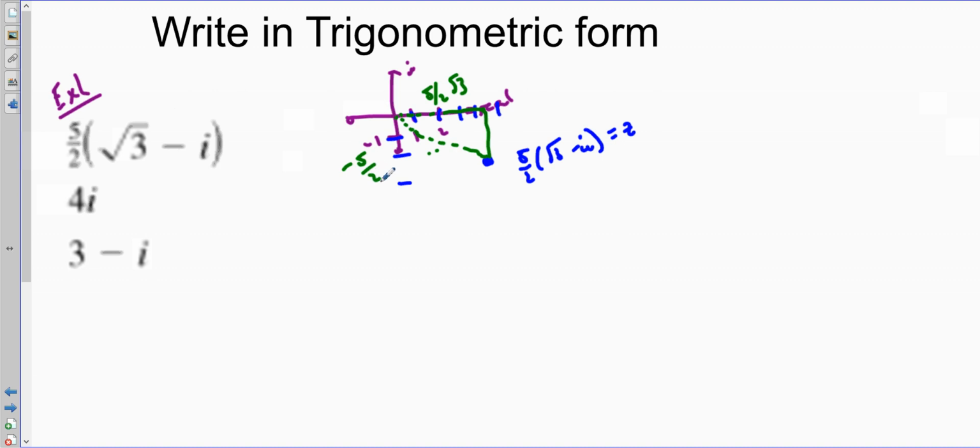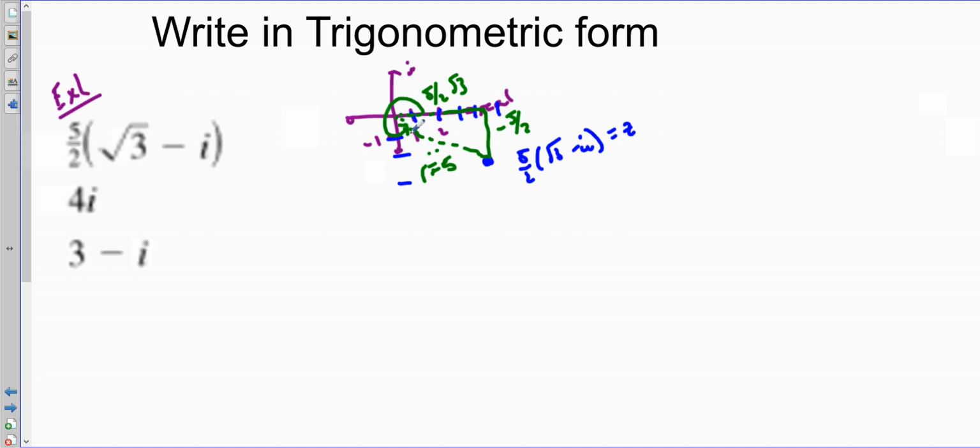And so we have this triangle of square root of 3 and -1, and we need to figure out what this angle is, and then what this ratio is. So 1, radical 3, and 2. Actually, our radius right here, if you use the Pythagorean theorem, should equal 5. That's the radius, so it'll always be positive.